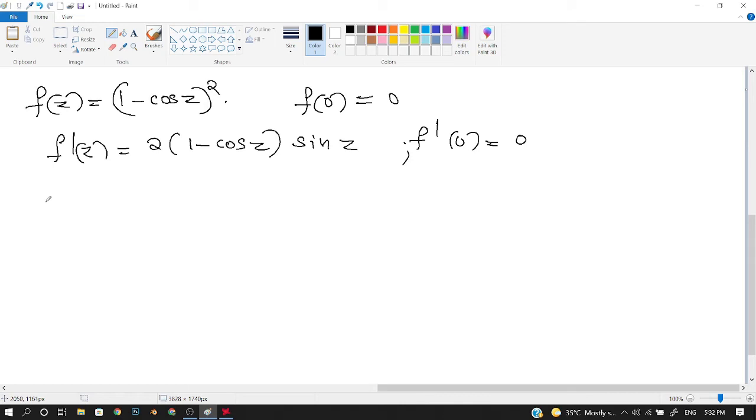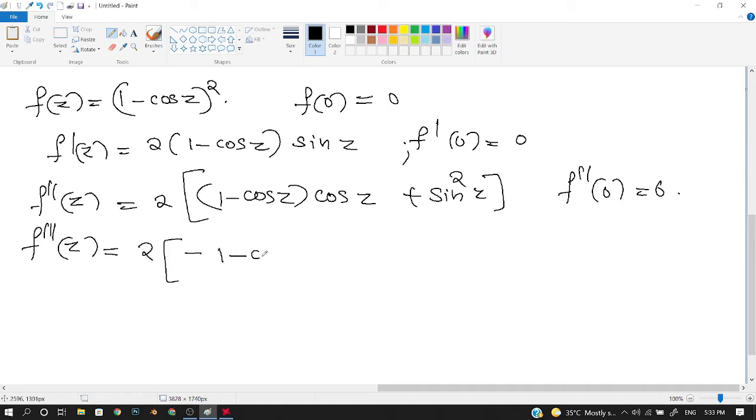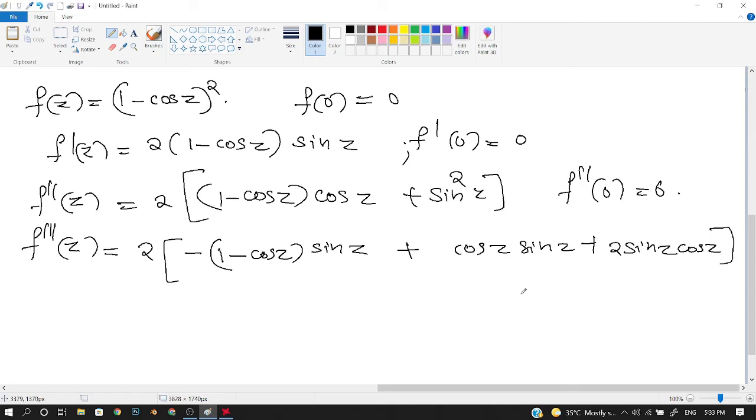Now you find the second derivative f double dash of z, that is equal to 2 into 1 minus cos z into cos z plus sin square z. And what is f double dash of 0? Equal to 0. Now f triple dash of z equal to 2 into minus 1 minus cos z into minus then cos z into sin z plus 2 sin z cos z.